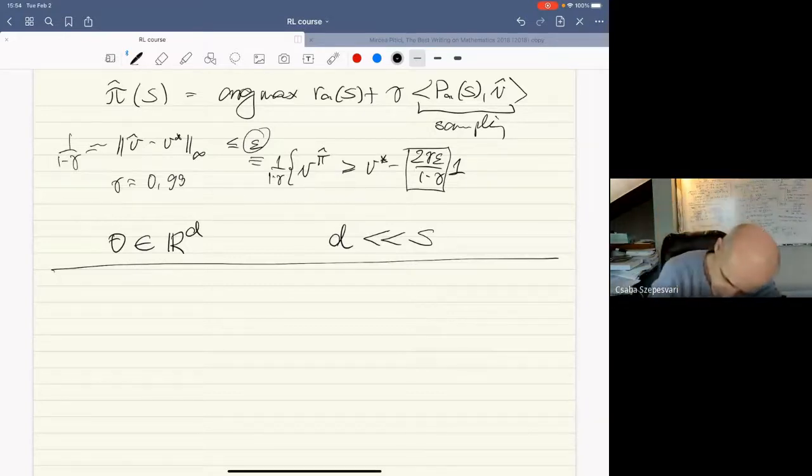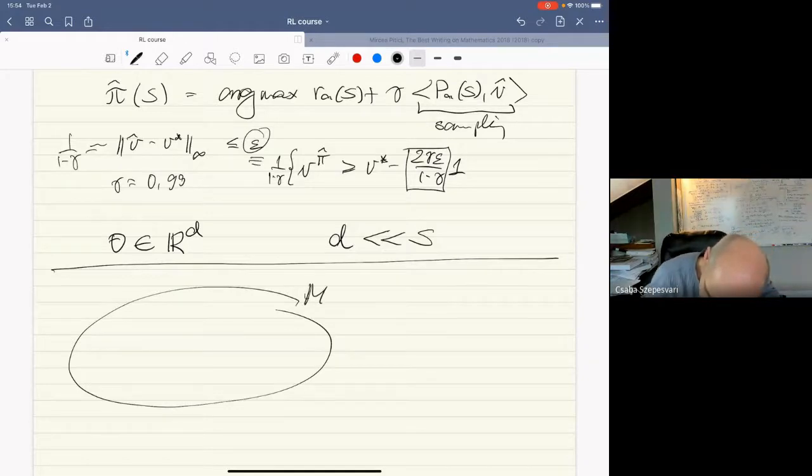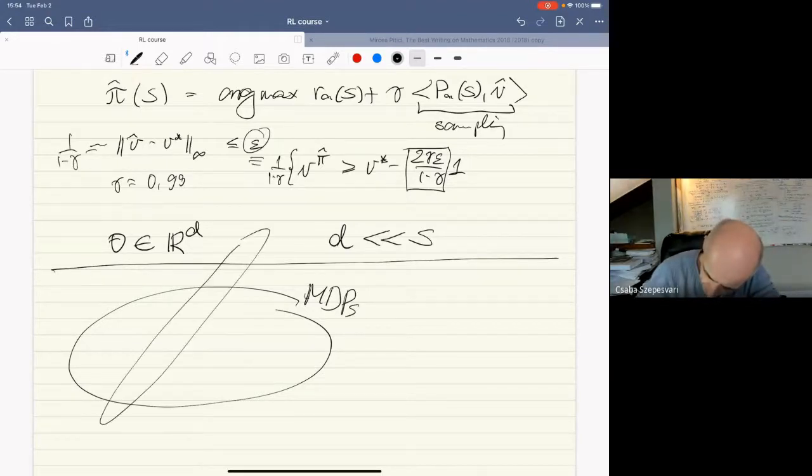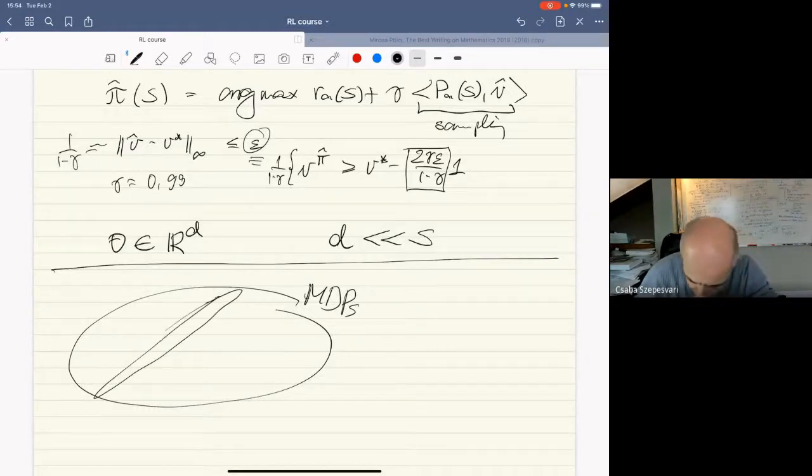Yeah, maybe in the meanwhile I just drew this picture. MDPs. These are all the MDPs. We shouldn't go outside of all the MDPs. But there is this tiny little segment of MDPs, so small that it would be hard to even show.